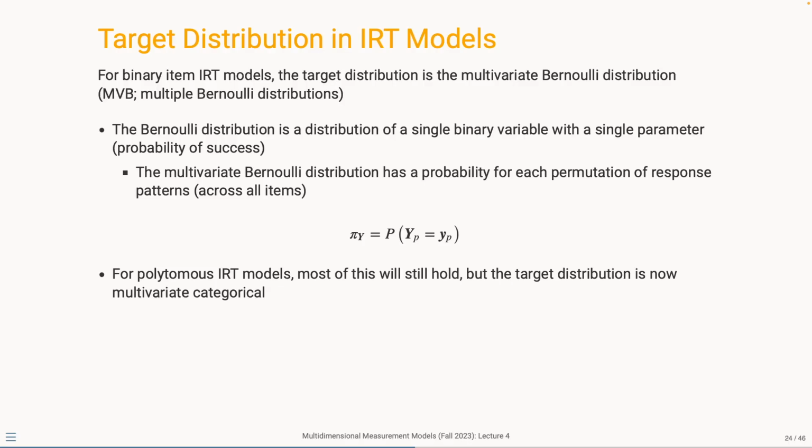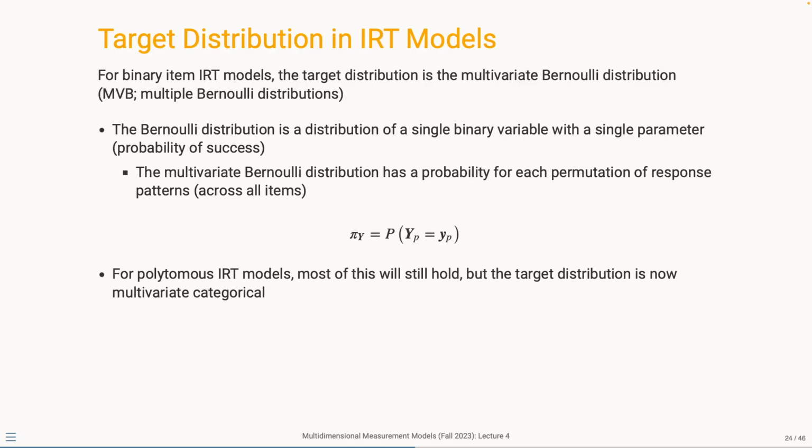What I mean by that is, if I have 5 binary items, 2, 4, 8, 16, 32 response patterns. Sorry, counting by exponents. If I had a 6th item, I now have 64. So I went from 32 things I had to estimate to 64.